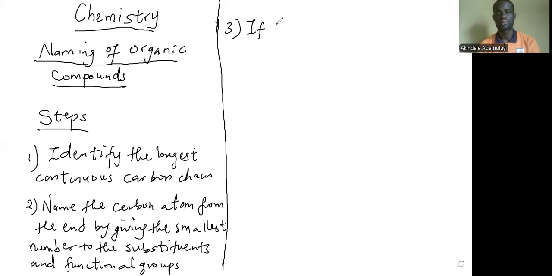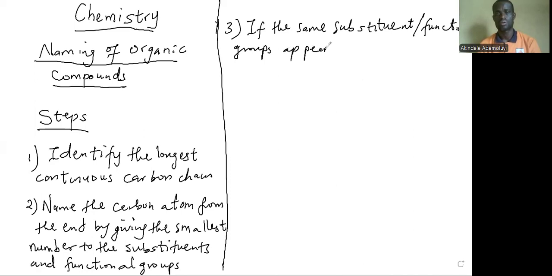If the same substituent or functional group appears more than once, use prefixes like di.